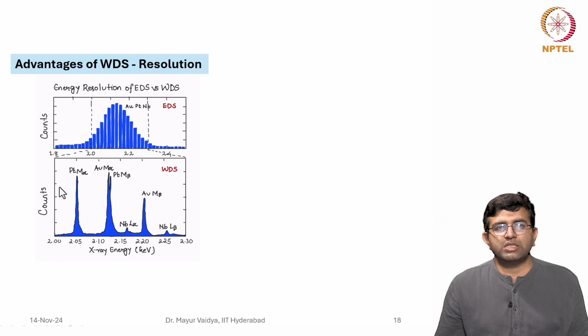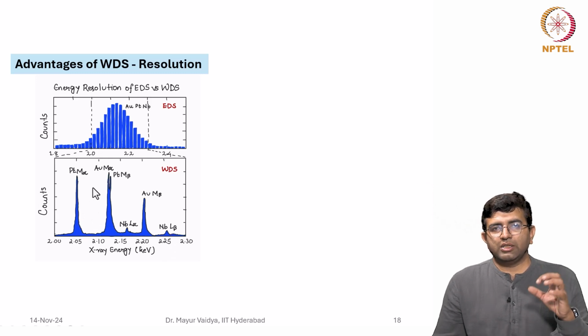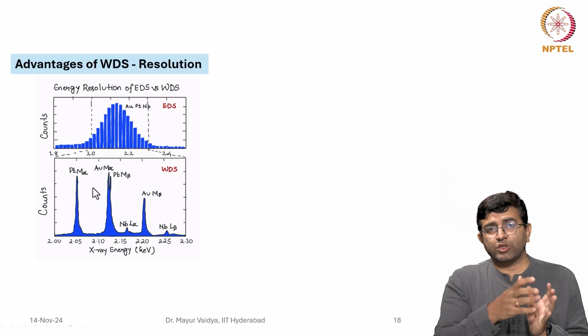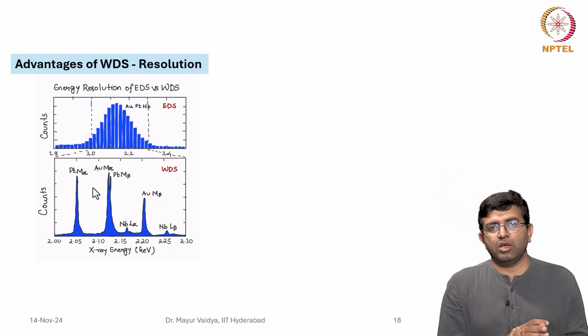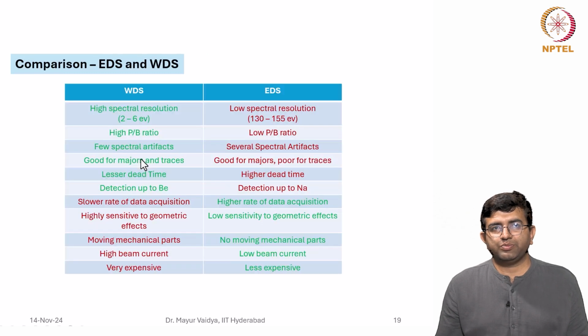But when it is detected in a WDS, it can very nicely separate out the corresponding peaks. Here the wavelength is analyzed, therefore the detection resolution is much improved compared to when the energy is analyzed.